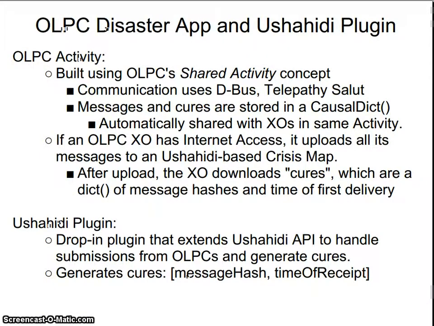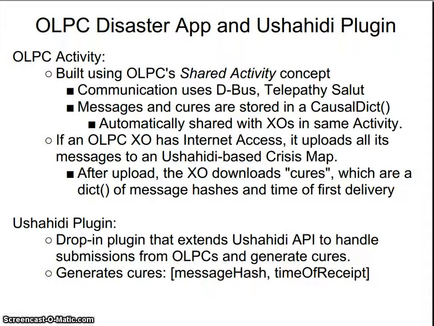We built two things over the last 2.5 months roughly. We've built a shared activity for OLPC, and this shared activity is a pretty standard Python PyGTK activity, just like many activities on OLPC, and because of that it uses Telepathy Salut and D-Bus for communication between XOs.